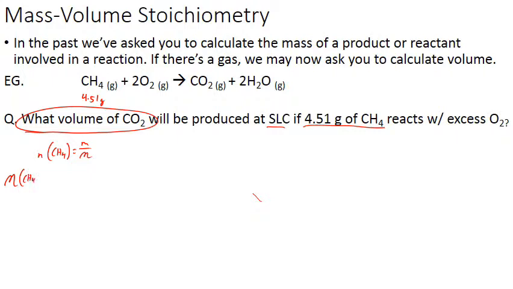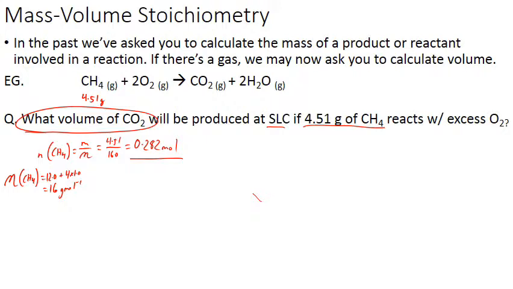Now our molar mass of CH4 will be 12.0 plus 4 times 1.0, so 16 grams per mole. So 4.51 grams divided by 16 gives us 0.282 mole. There's our amount of CH4.